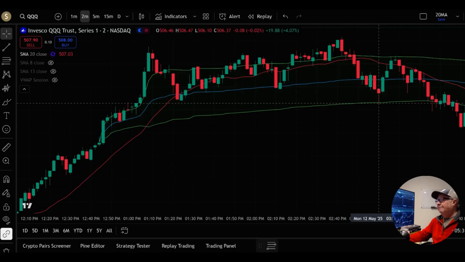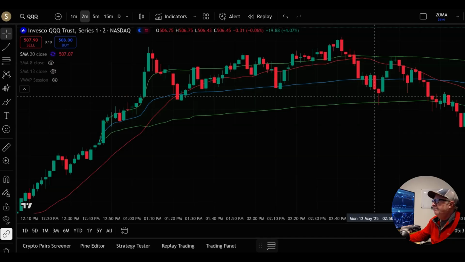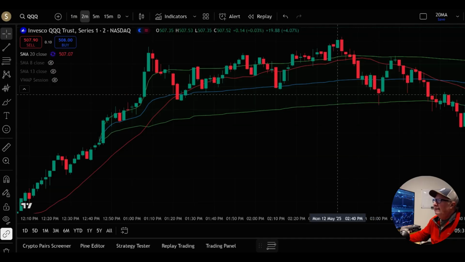So I hope that helps. Both VWAP, which you can use intraday. I think I said this at the beginning of the video, but I'm not sure. VWAP can only be used on intraday charts, right? It's not for a daily chart. It doesn't show up on a daily chart, only on intraday charts.